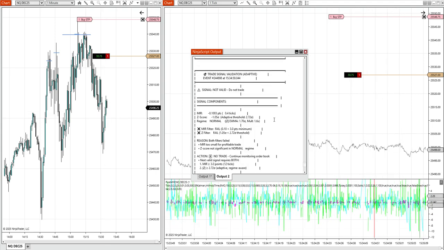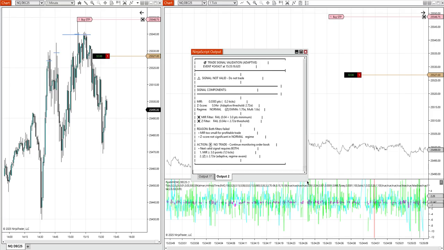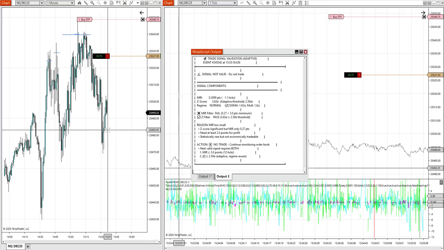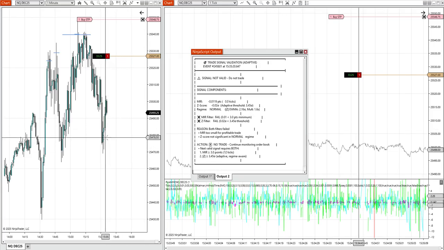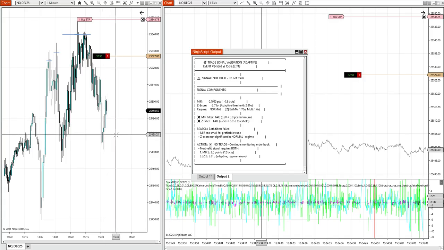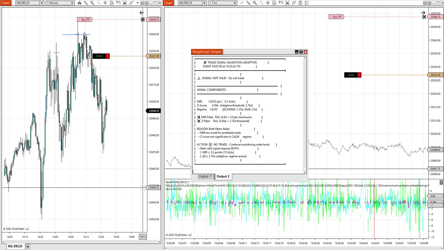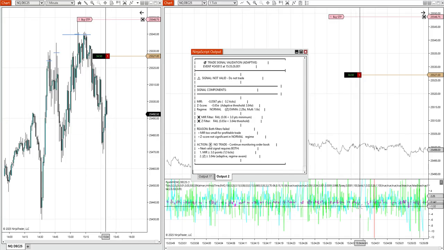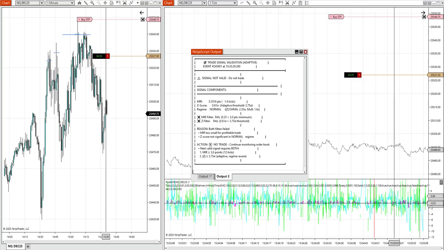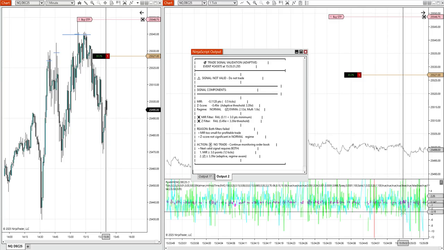But it's still the same logic behind it. We're still using the machine learning algorithm to learn the impact of the order flow imbalance and delta on price, and then we're just plotting the difference between the prediction and what actually happens.